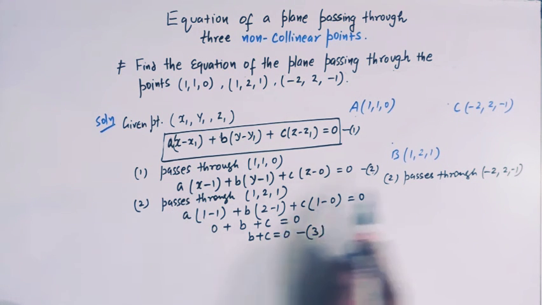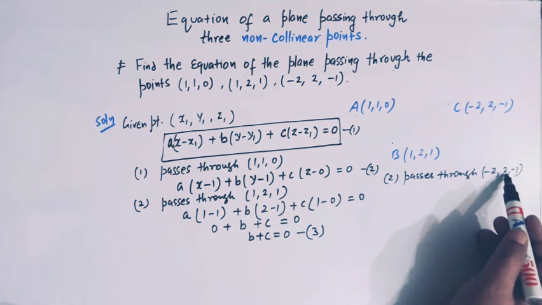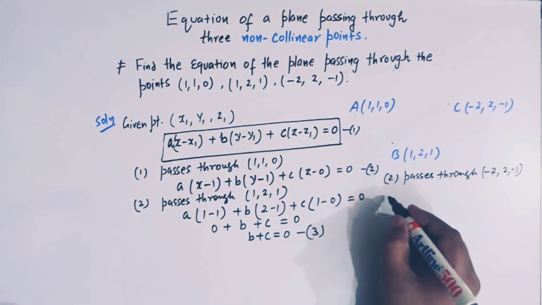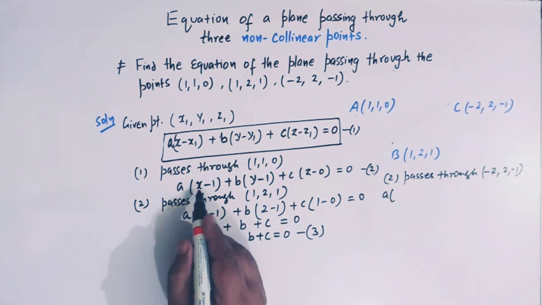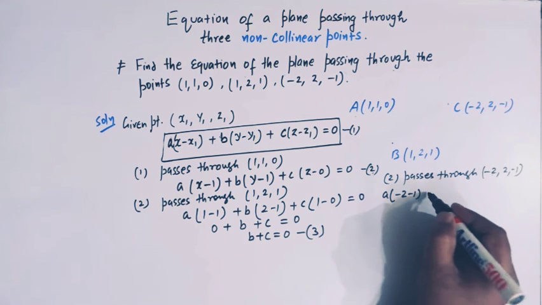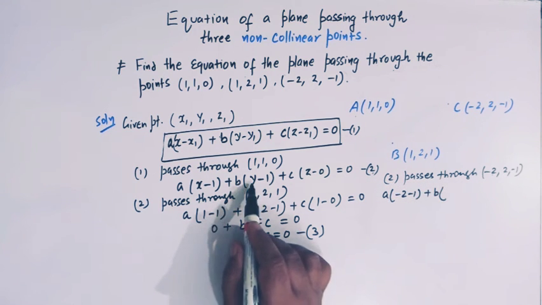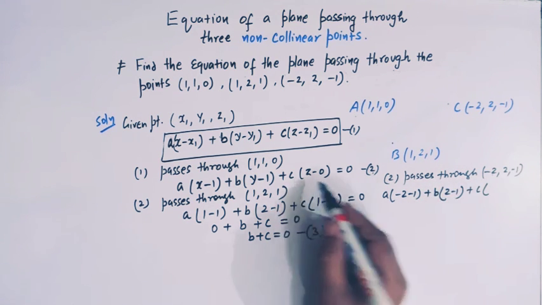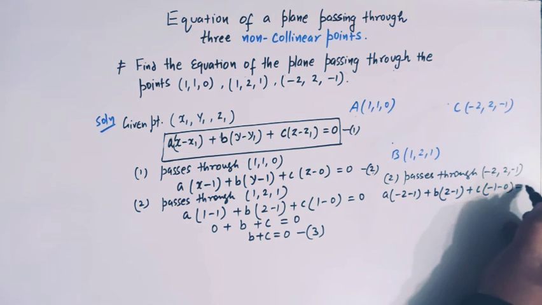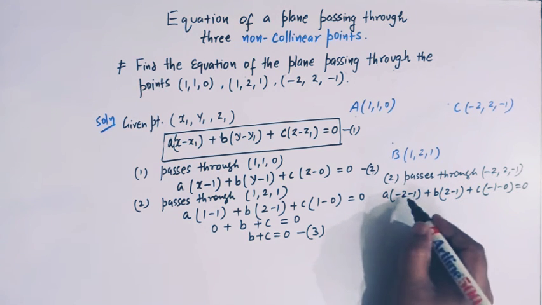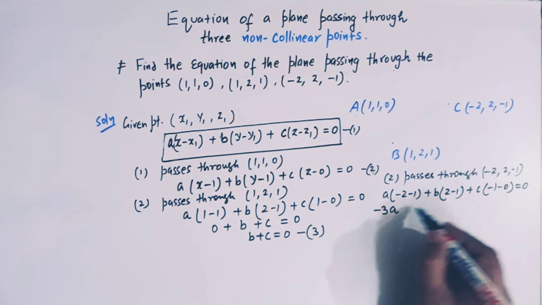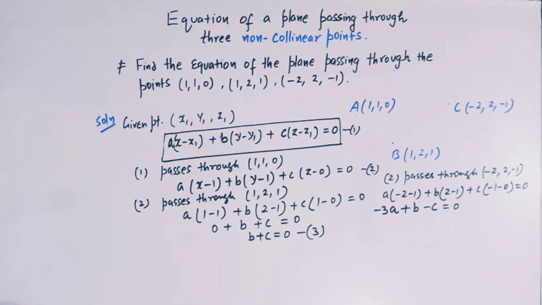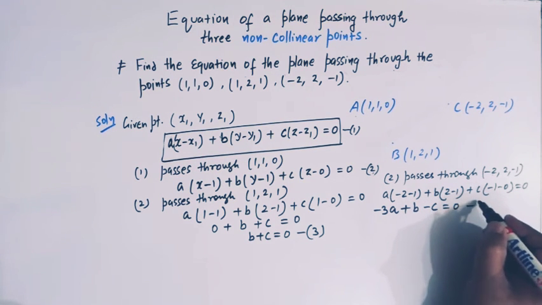So for x we write -2, for y we write 2, and for z we write -1. So this equation now becomes a(-2 - 1) + b(2 - 1) + c(-1 - 0) = 0. So here we have -3a + b - c = 0. So this is equation number 4.